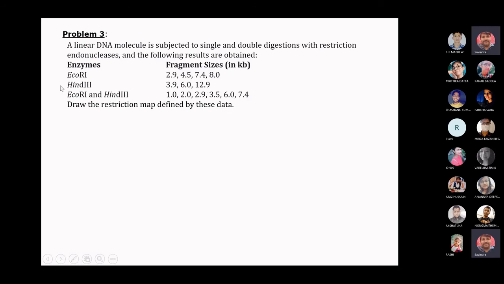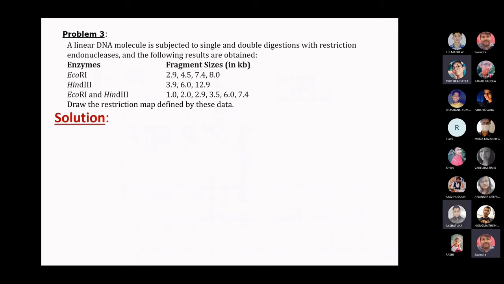And when the combination of both the enzymes was used simultaneously, we got a total of 6 fragments, and the sizes of those fragments were 1 kilobase pair, 2 kilobase pair, 2.9 kilobase pair, 3.5 kilobase pair, 6 kilobase pair, and 7.4 kilobase pair. So no need to worry, just focus on the basics. First of all, for solving this, what do we have to do?